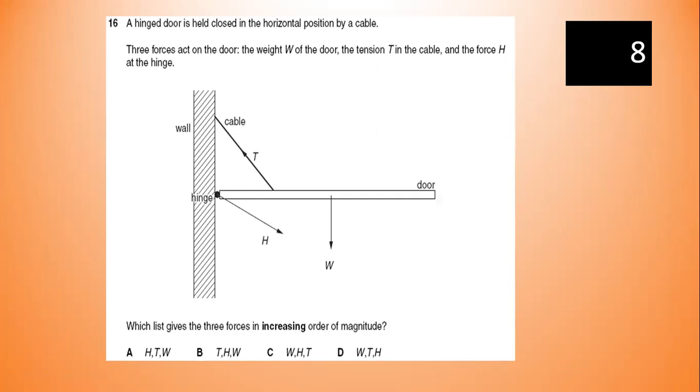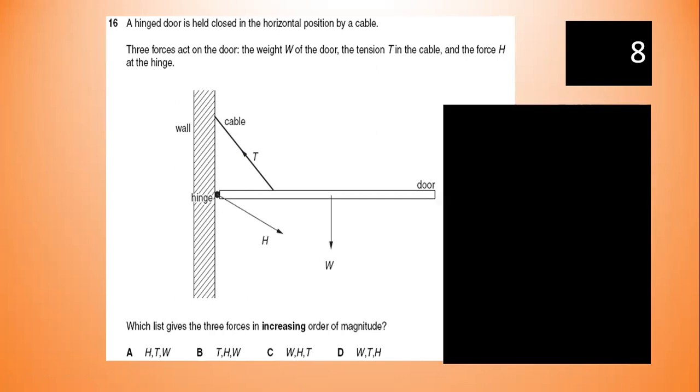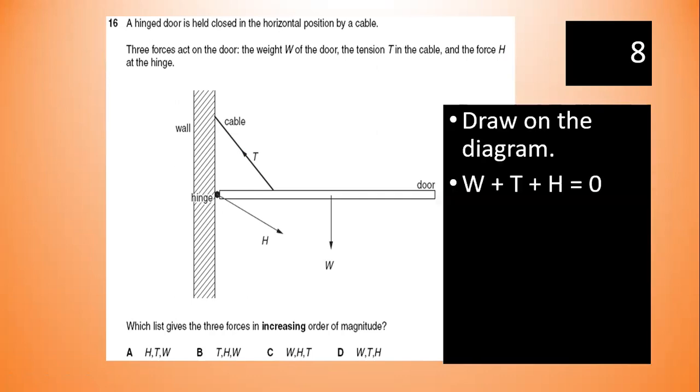Which list gives the forces in increasing order of magnitude? If they want order of magnitude, the size of the three forces from smaller to larger, then it's better to draw the diagram. Produce the line of action. It's going to be here, that's where they pass through. So the three forces will pass through a point.